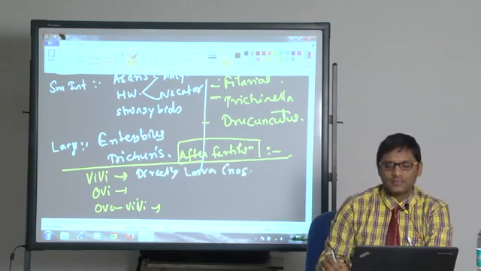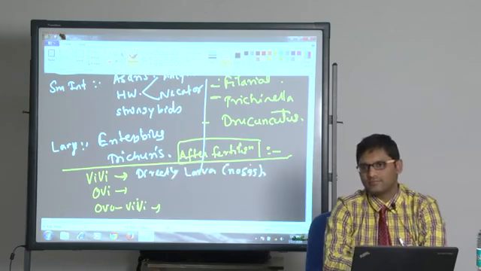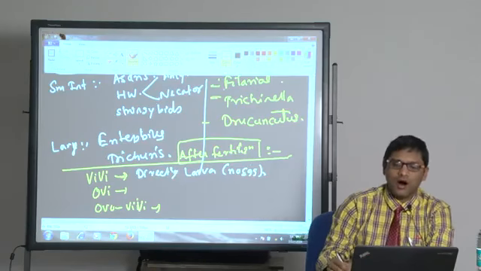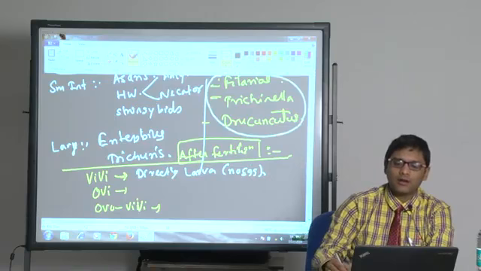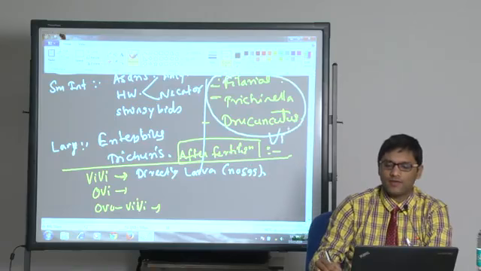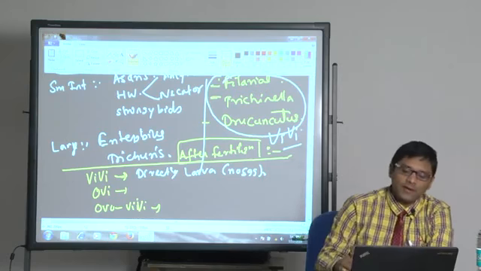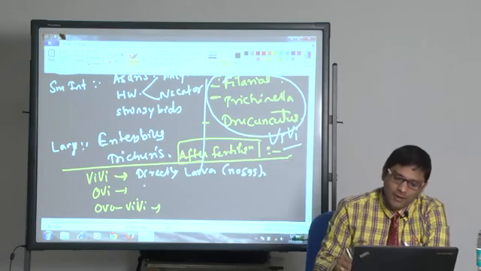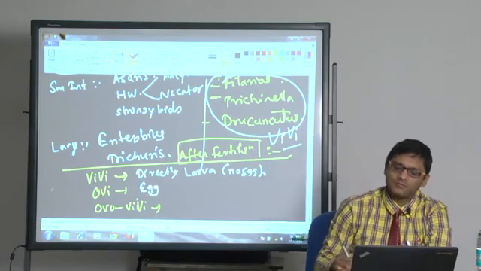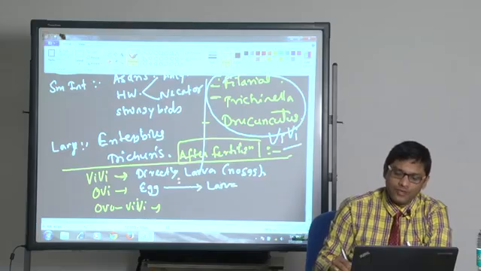There is no egg stage at all in viviparous. All somatic nematodes are examples of viviparous. Oviparous: after fertilization egg will be produced. Eggs are converted to larva very soon, mainly in the intestine itself.